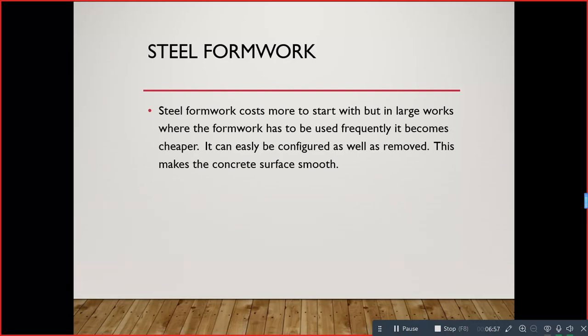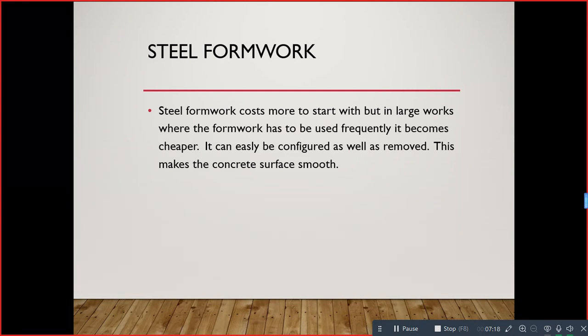Steel formwork costs more to start with, but in large works, where the formwork has to be used repeatedly, it can easily be configured as well as removed, making the concrete surface smooth. Okay, that is good.